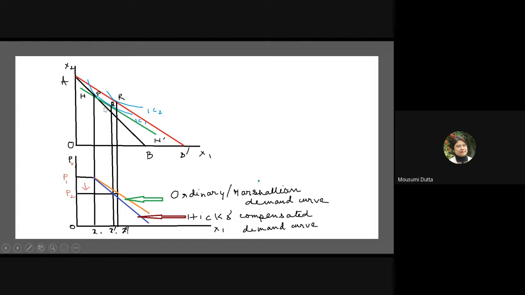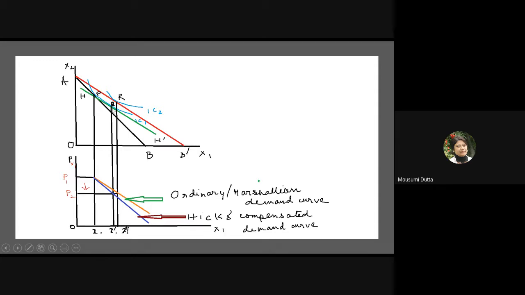Now, in context of normal good, first we moved from P to Q and then we moved from Q to R. But by both the movements, when we are considering a movement from P to Q, the consumption of X1 increases from say Q1 to Q2.